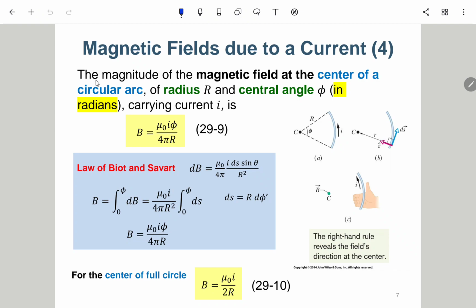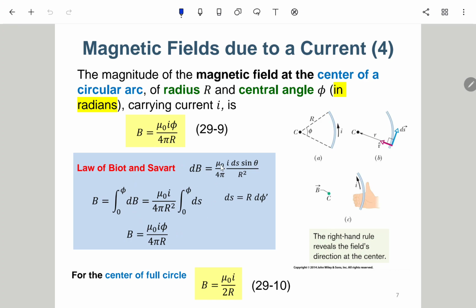This says the magnitude of the magnetic field, or the B field, at the center of a circular arc，就是一个圆弧的中心点，它会产生一个 B field。这个是一个圆的一部分，一个圆弧 of a radius capital R, center angle phi，就是圆心角, in radians, carrying current I is this one.